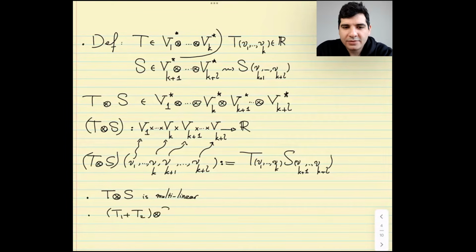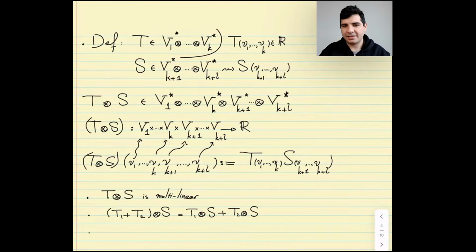This tensor product satisfies the kind of good properties you want. For instance, T1 plus T2 tensor S would be T1 tensor S plus T2 tensor S. Same thing holds if I consider S1 plus S2. It's also associative. So if we have R, S, T three multilinear maps, the order we consider the tensor product doesn't matter.